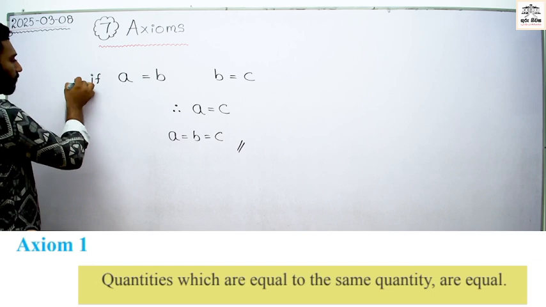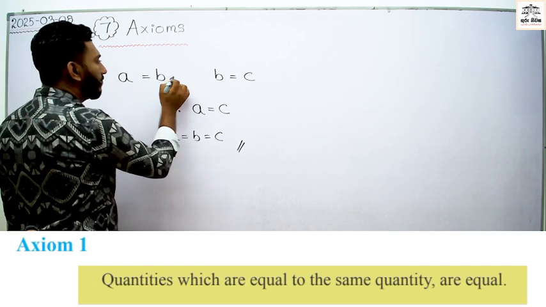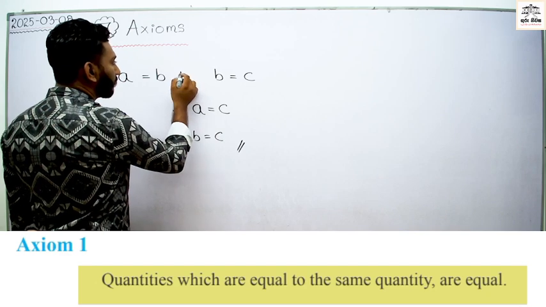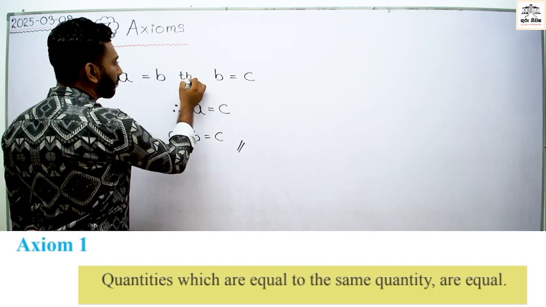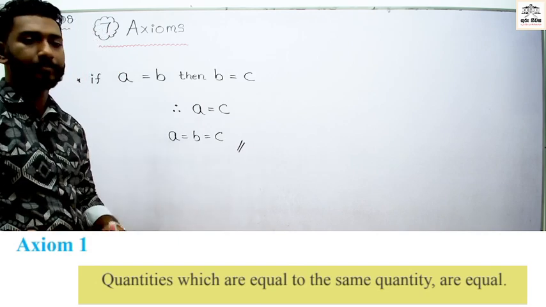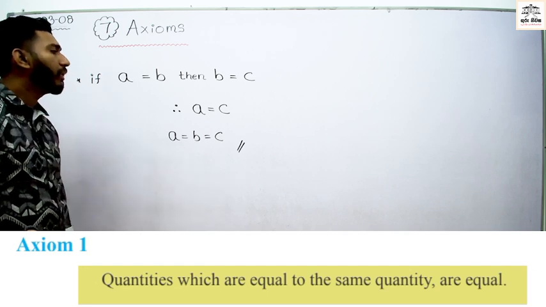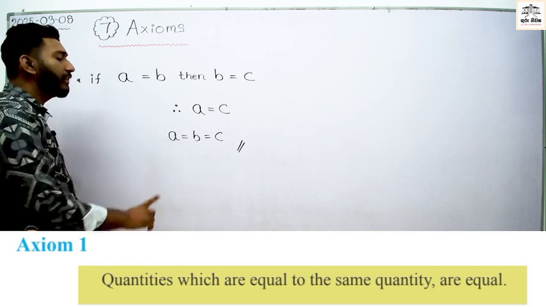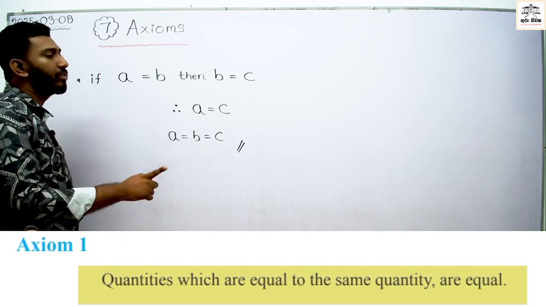If A equals B, and B equals C, therefore A equals C, as well as A equals B equals C.